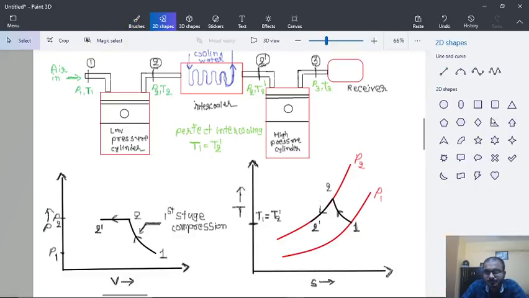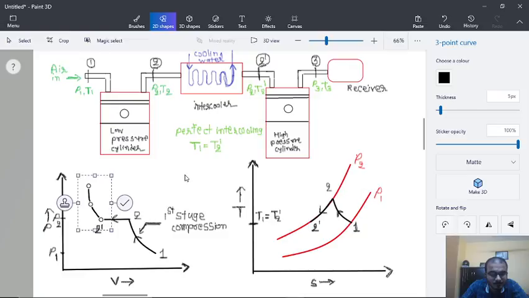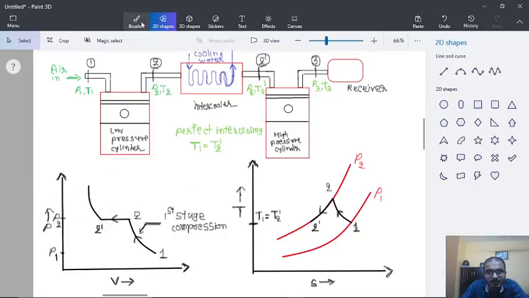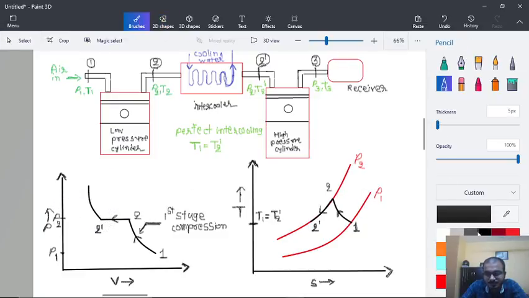Then let's focus on the third part. Here is the high pressure cylinder. So it goes in this way, and here we can call this point number 3.